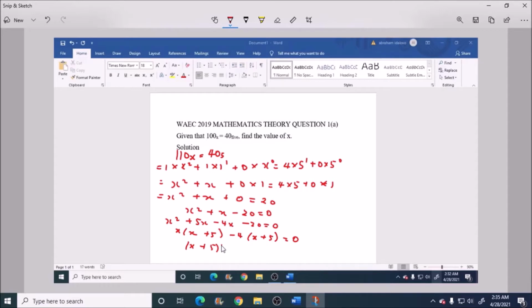So x minus 4 equals 0, or x plus 5 equals 0. So here x is equal to 4, or x is equal to minus 5. So our x is equal to 4.